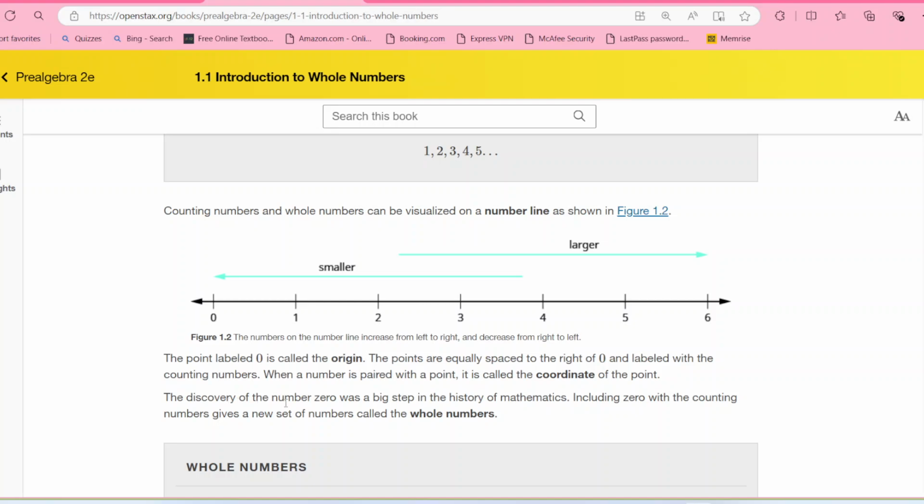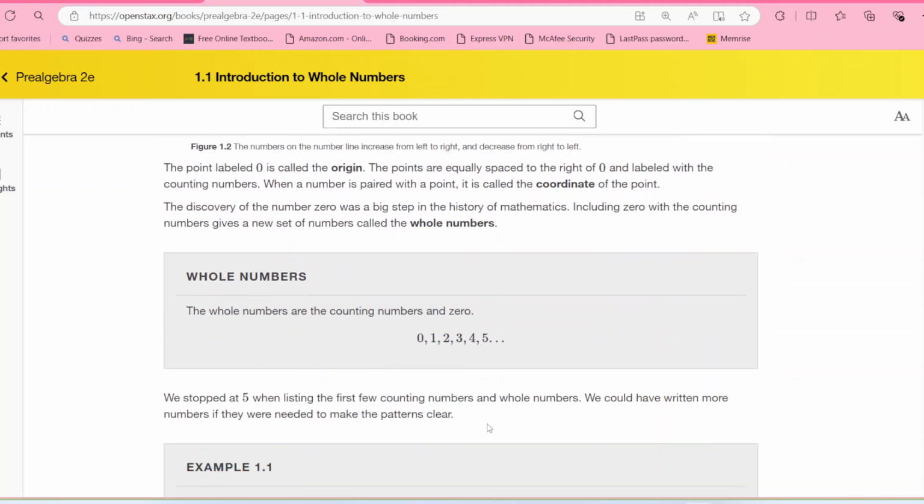The discovery of the number 0 was a big step in the history of mathematics. Including 0 with the counting numbers gives a new set of numbers called the whole numbers. So here's the definition of whole numbers. The whole numbers are the counting numbers and 0.